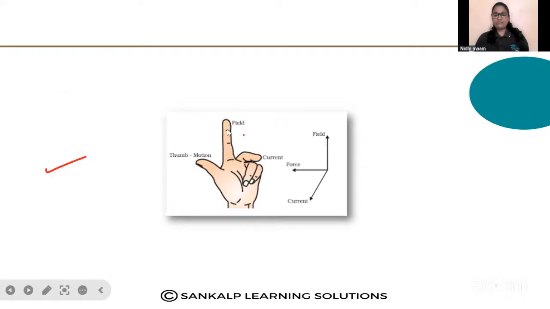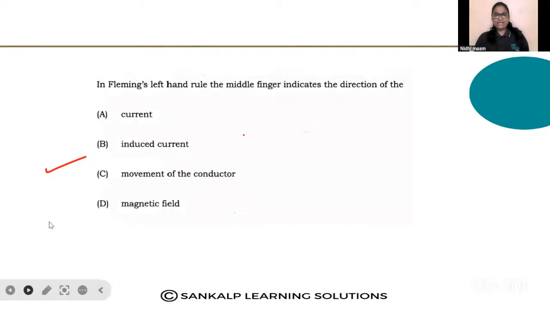The middle finger indicates the direction of current. So the right answer is: thumb indicates the direction of motion of a conductor or the direction of force acting on a conductor.